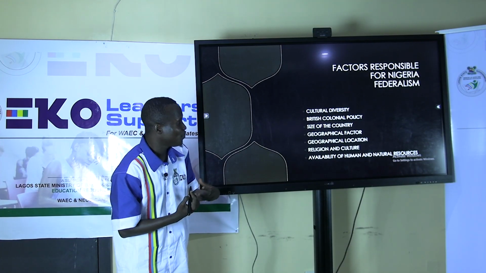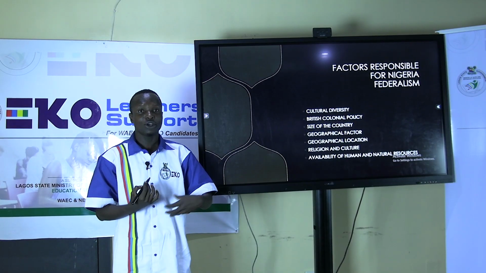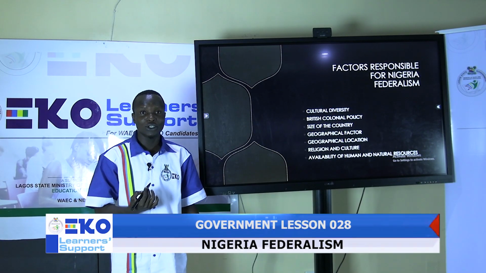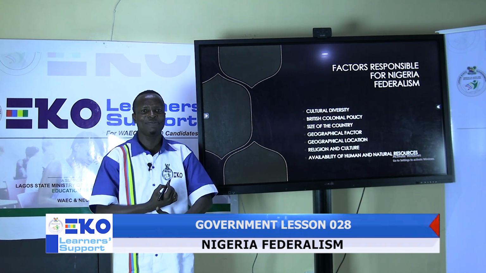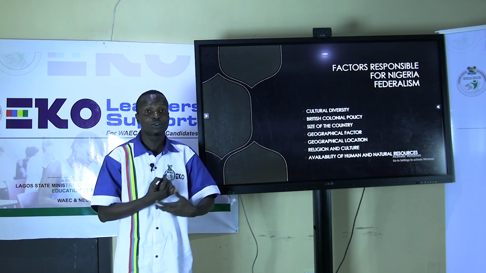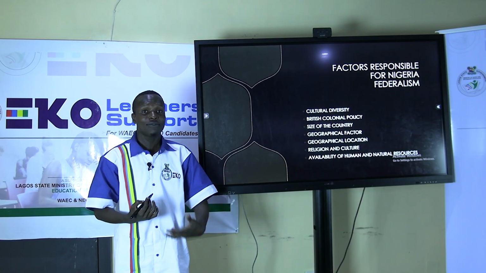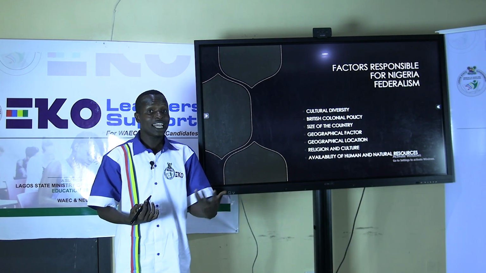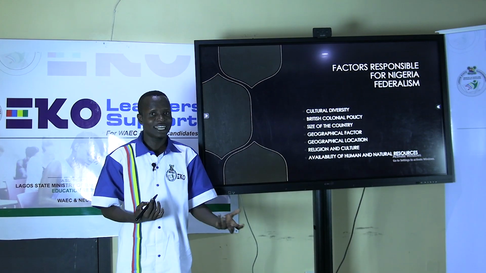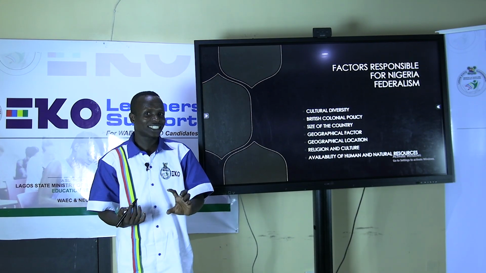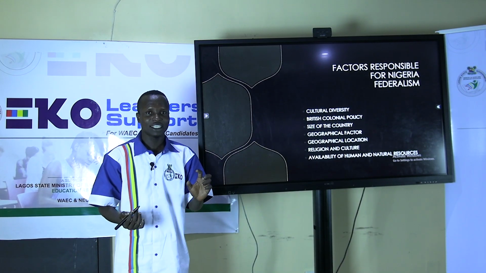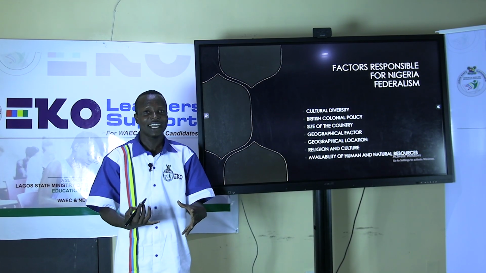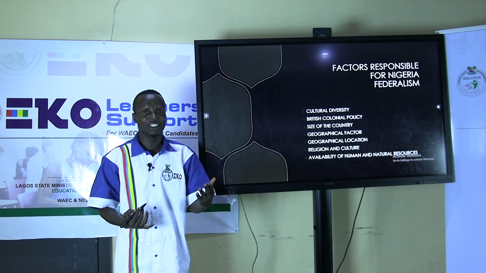And we also have natural resources, e.g. crude oil, gold, timber, cocoa, etc. Nigeria is very blessed with so many natural resources. And this can only work if Nigeria is practicing federalism, because what Oyo has, Lagos does not have. What Lagos has, Kano does not have. So we share those things together for the betterment of the country.